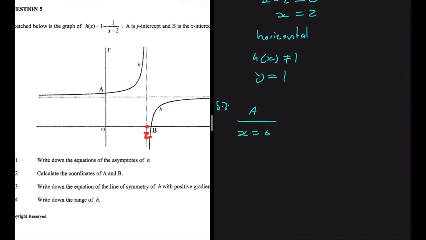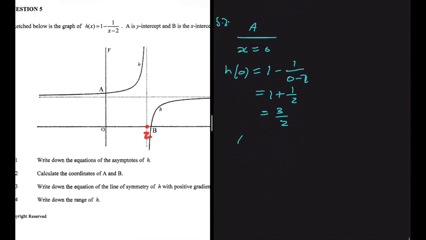If we substitute that into h of x, h of 0 will be equal to 1 minus 1 divided by 0 minus 2, right? So we just have 1 plus a half. And what is 1 plus a half? That's 1.5, or 3 divided by 2. So the coordinates of A, we have 0 as the x value and 3 divided by 2 as the y value.